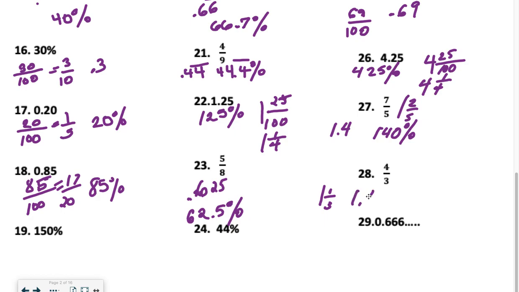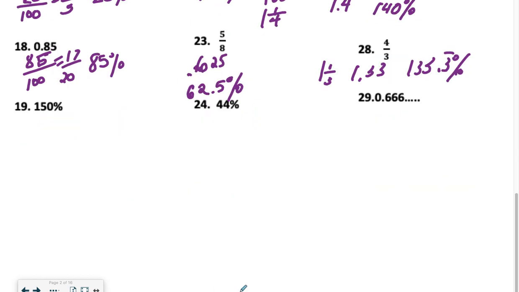It's going to be 1.33, or 133.3 with a bar over it percent. Remember, the bar over the number just tells us that it's a repeating decimal. 150% can be written as 150 over 100, which is going to be 1.5.